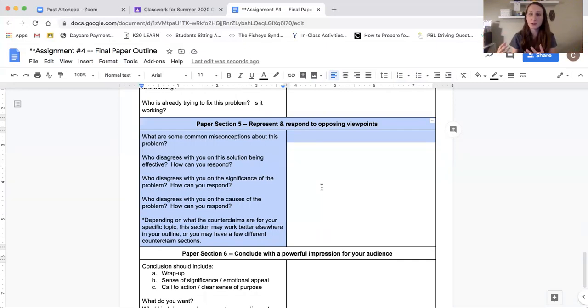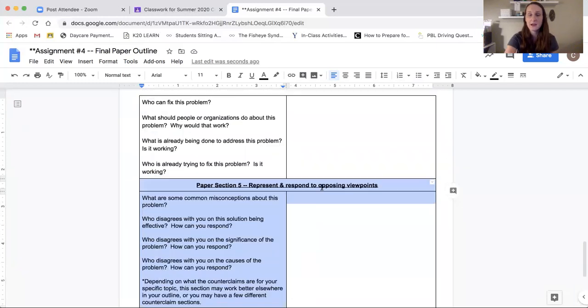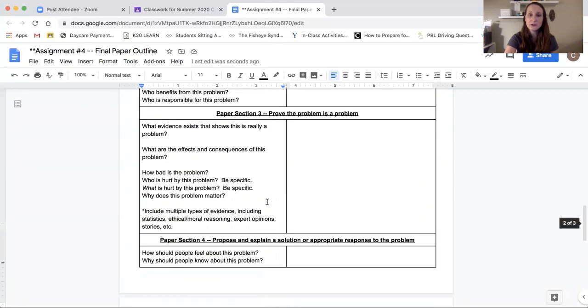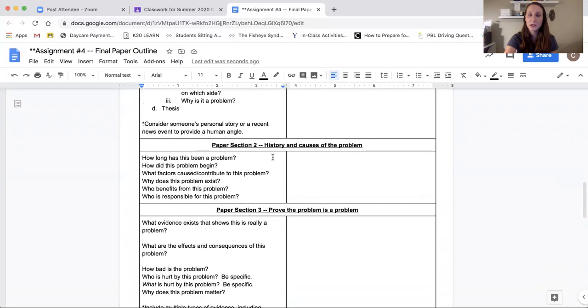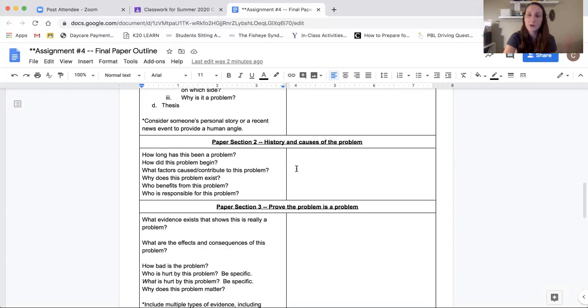If your paper is arguing it's about the way our society is set up, you may want to acknowledge the counterclaim of the causes of that. And if so, you'll do your counterclaim work here after you say what you are arguing the causes are. You want to maybe have a paragraph or two where you say, however, some people disagree that these are the main causes. If so, that would go there.